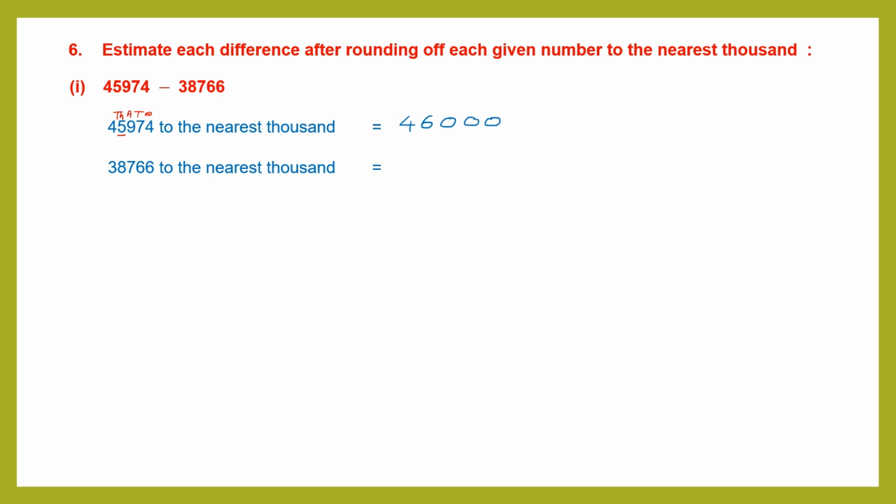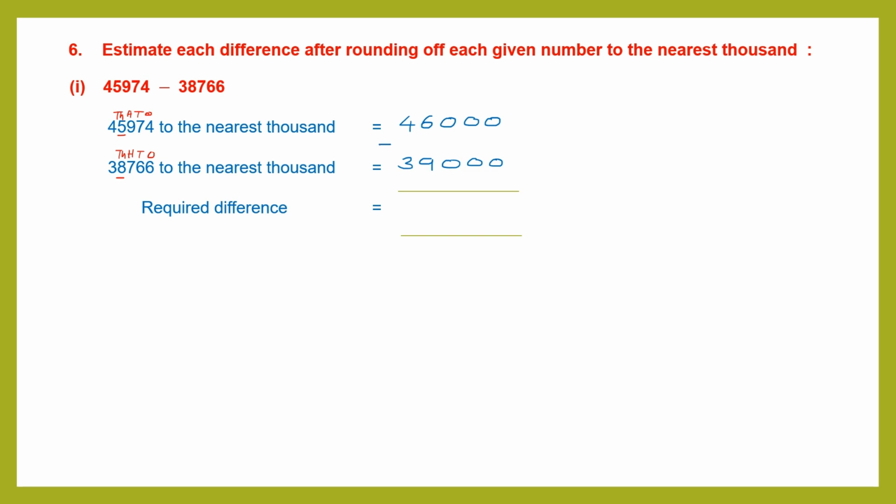Next one, we have 38,766. The digit in the thousands place, ones, tens, hundreds, thousands, is 8. Digit to its right is more than 5. So 8 will now become 9. So we have 3, then 9 and the others are zeros. Now to find the required difference, we need to subtract these numbers.